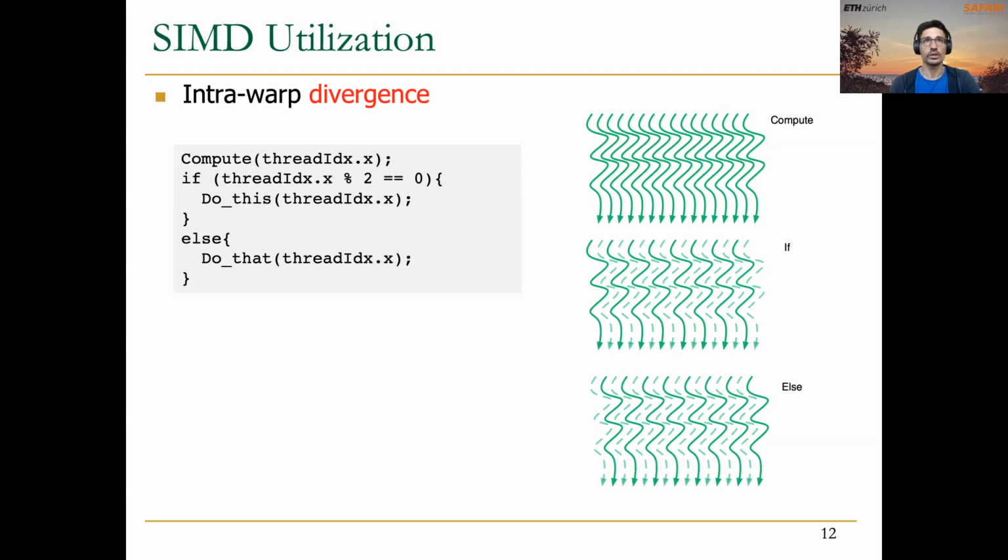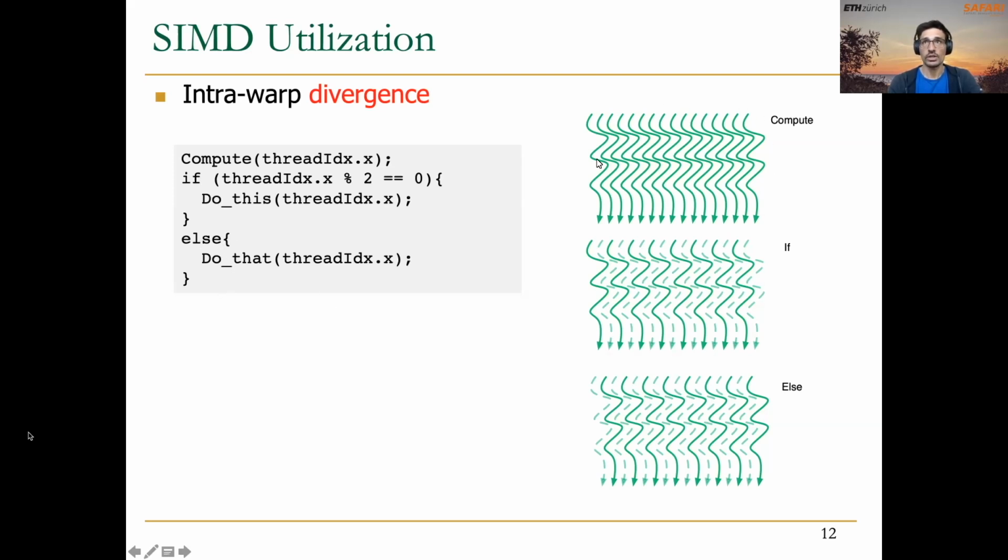In this particular simplified code that you see here, we have some intra-warp divergence, and this happens because we have even threads doing some computation, while odd number threads are doing different computation.